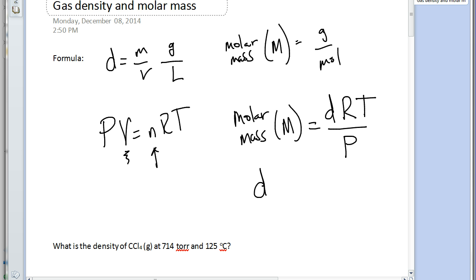So we could have density equals molar mass multiplied by pressure, divided by the ideal gas law constant multiplied by temperature. So these two are essentially the same formula. It just depends on which one we need to use to get to what we're after. We also might use that density formula up there, or we might use the molar mass formula. It really depends, and you'll see that in the second example that we're about to talk about.